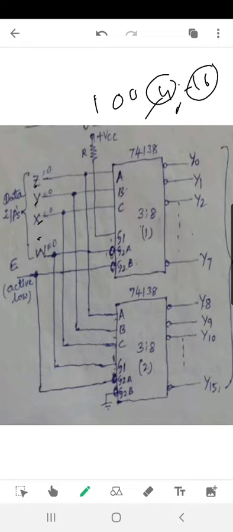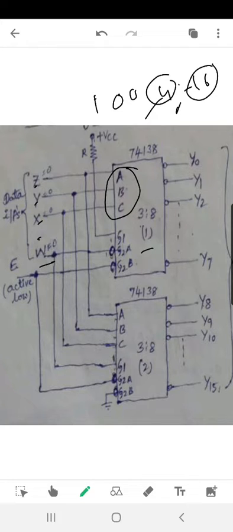The inputs X, Y, Z are directly connected to the inputs of the 3 to 8 decoder, which has 3 inputs, so the inputs ABC can be directly connected to XYZ. Now the fourth input, W, is provided to the G2A enable pin of the first decoder. This is how we provide our XYZ inputs to our decoders.